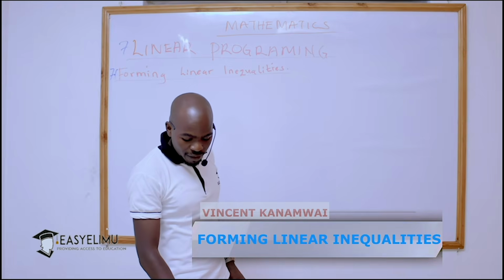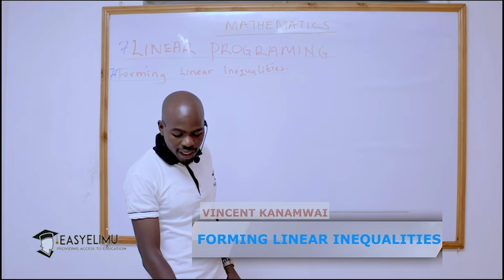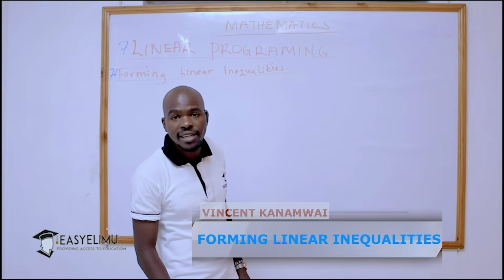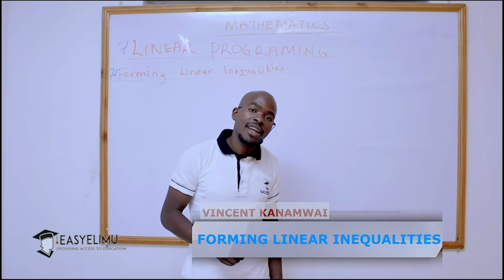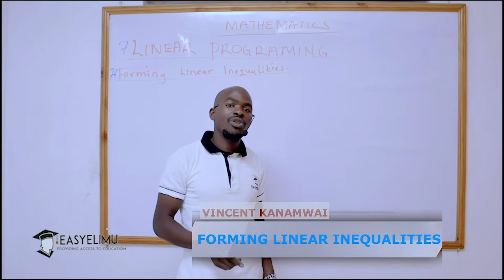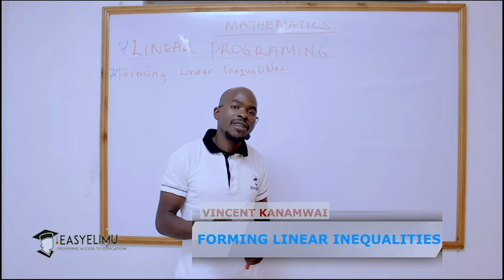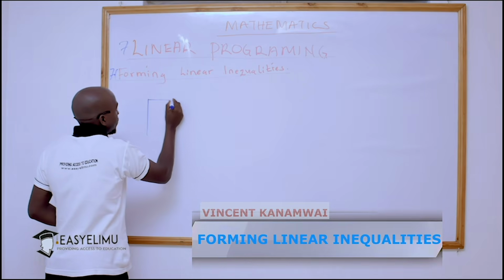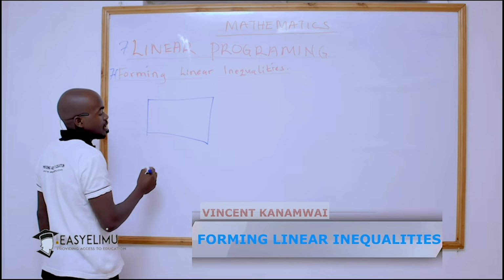For instance, if we have been told the perimeter of a rectangle whose length is x centimeter and width y centimeter is not more than 10 centimeter, you should first understand what are the dimensions which they are talking about. You should be conversant with the rectangle and its side. For instance, we have been told this is our rectangle.